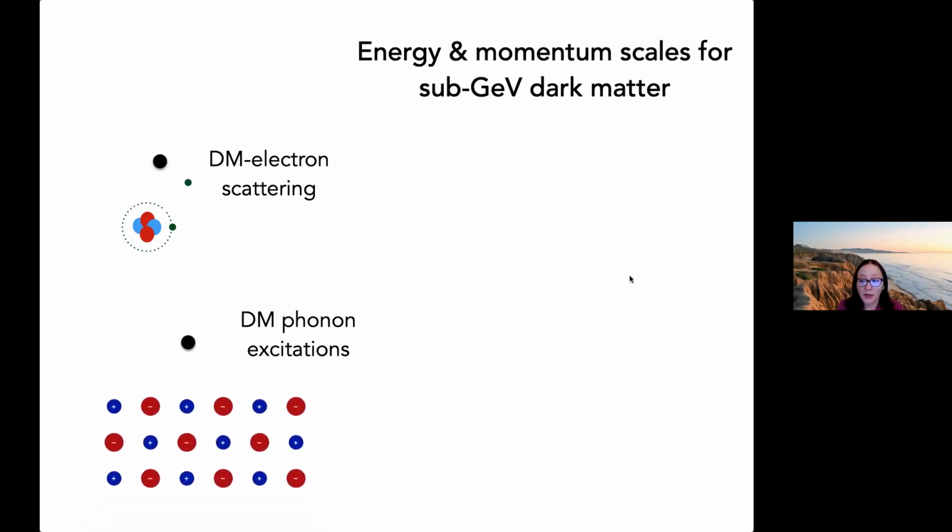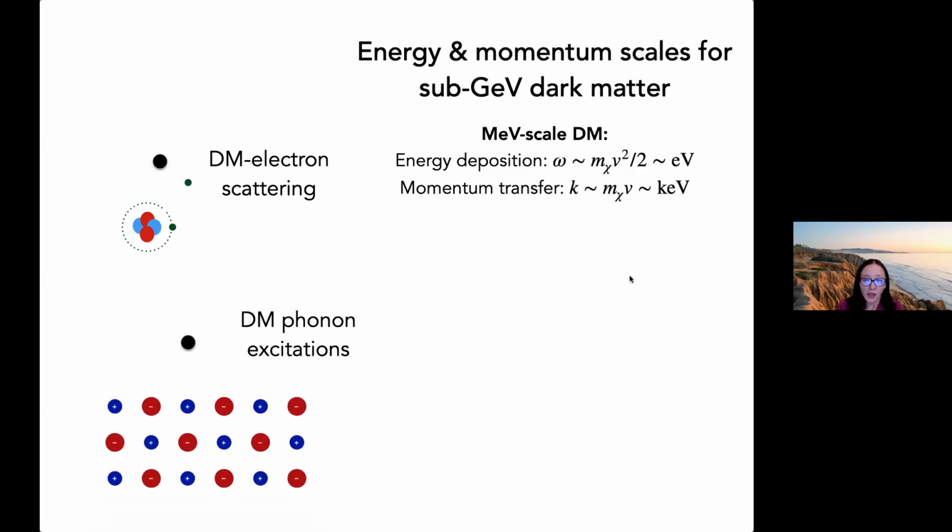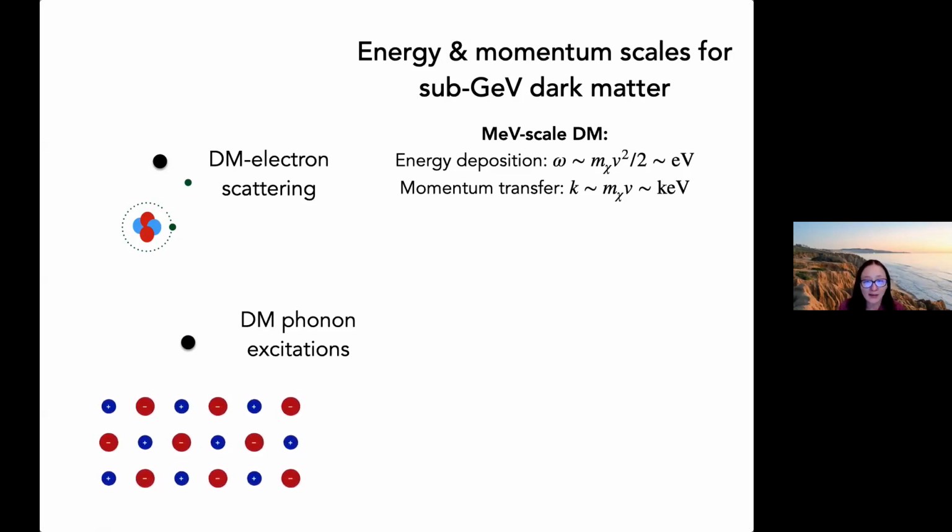So let me go through the numbers for that. Suppose we're interested in MeV scale dark matter, then we can just use the properties of this dark matter in our galaxy to determine ideal energy and momentum scales that we'd like to transfer. Ideally, we transfer an order 1 amount of the kinetic energy of the dark matter. For the typical velocity of 10 to the -3 in the galaxy, this would give about an eV for MeV scale dark matter.